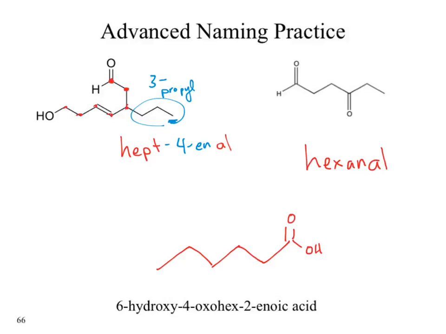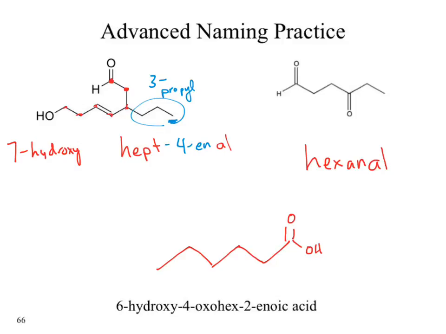And then we have the alcohol at 7. And how do we say alcohol? Ol only works if it's the end. It's not the end of the name. So it ends up getting referred to as 7-hydroxy, 3-propyl, hept-4-ene, al.